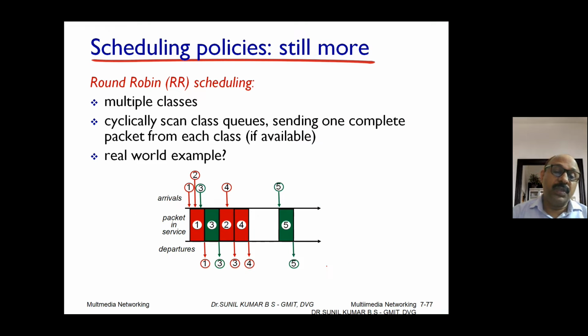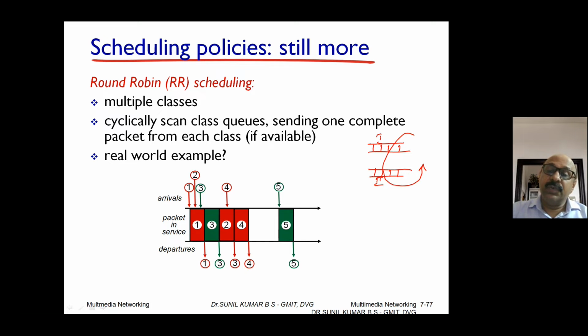For this, what they do is they give an opportunity called round robin scheduling. In case of round robin, if there are two different queues, this is one queue, this is another queue. Both the queues are given an equal opportunity like this.